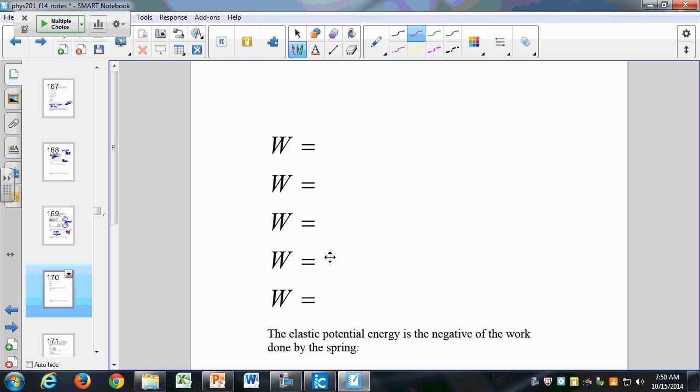If the work is equal to the integral of F dx, my force here is a function of x, so it's negative kx times dx. I can take the k out because it doesn't depend upon x. So I have negative k and the integral of x dx.